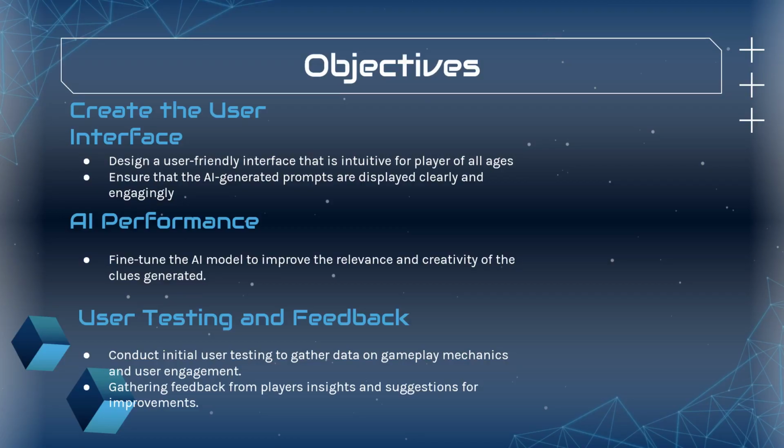This involves intensive training with diverse datasets to ensure that the AI can handle a wide range of inputs and converts them into engaging content. Our goal is to create an AI that doesn't just function, it surprises and delights our users with its outputs.